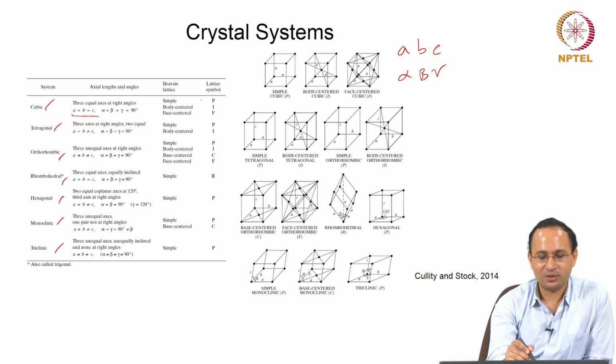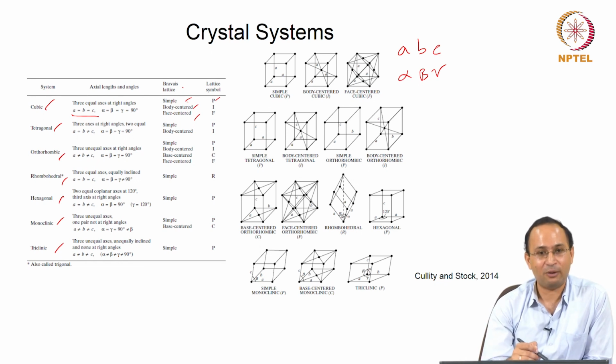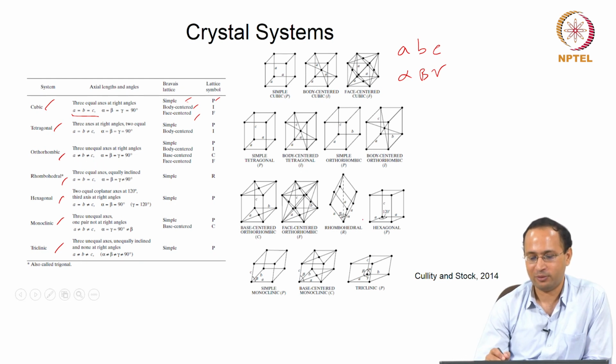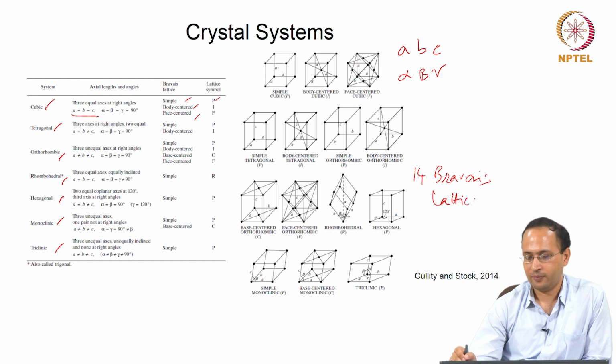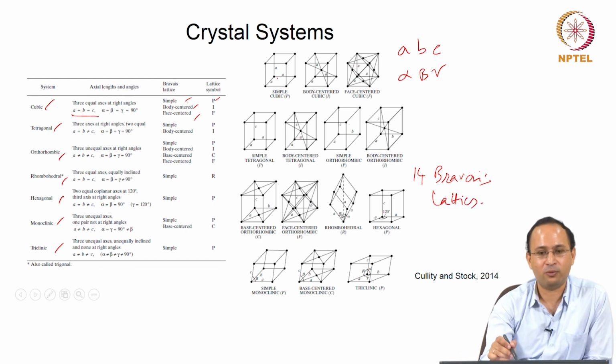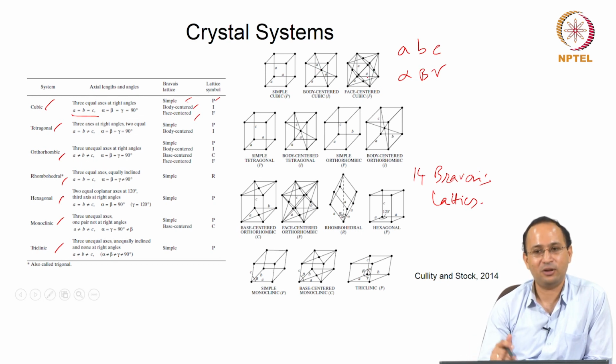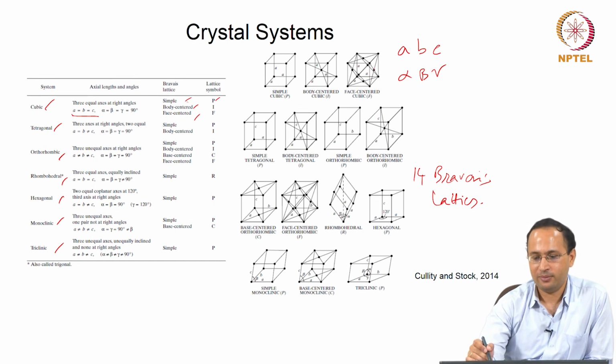And here you also see Bravais lattices. So we have 7 crystal systems and 14 Bravais lattices. 1, 2, 3, 4, 5, 6, 7, 8, 9, 10, 11, 12, 13, 14. 14 Bravais lattices. In a cube you can have a simple cubic with this arrangement, and you can have a body centered cubic, where there is an atom at the center, and you can have a face centered cubic, where you have an atom on each face.